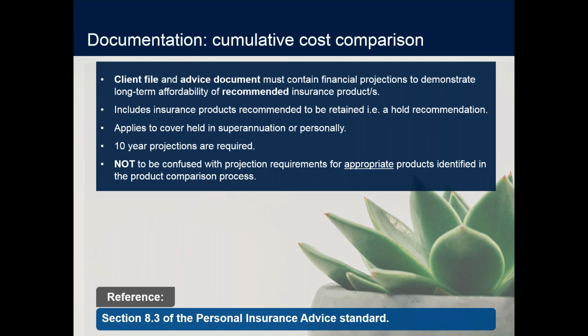This includes policies where we're making a recommendation to retain or hold effectively the recommended product, and it also relates to cover that is held in superannuation or where it is held personally.